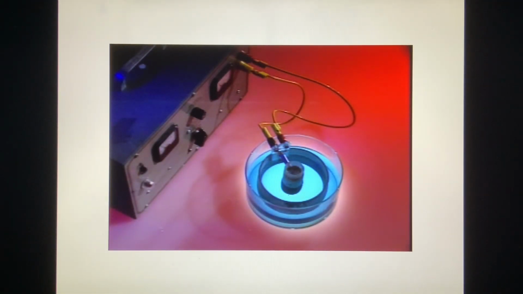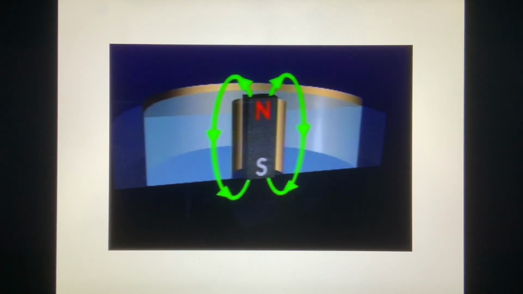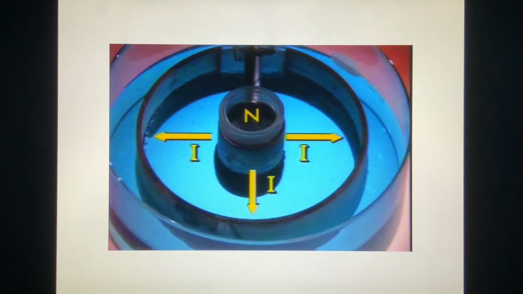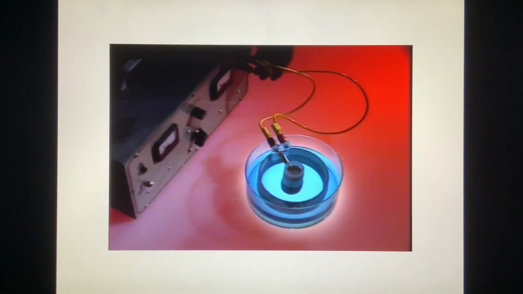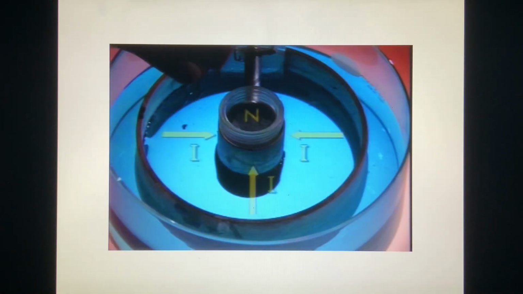This glass dish contains a solution of copper sulfate between two copper rings. A magnet in the center ring provides a magnetic field which is pointing vertically upward. When a current is run between the copper rings, magnetic forces on the moving ions produce a sideways force that spins the copper sulfate solution, as shown by small pieces of cork floating on top. Reversing the direction of the current reverses the motion of the solution.